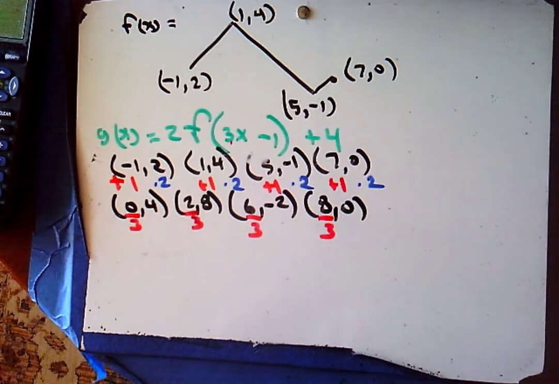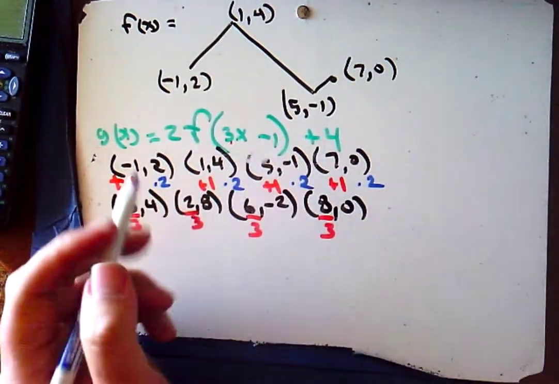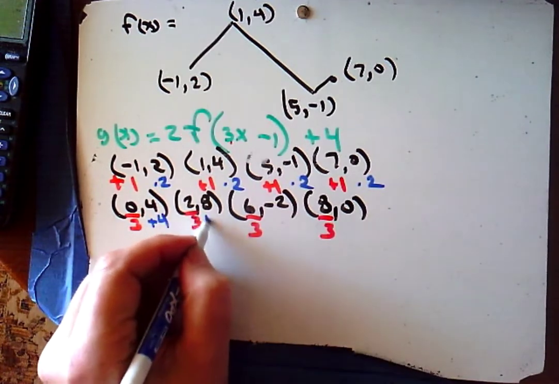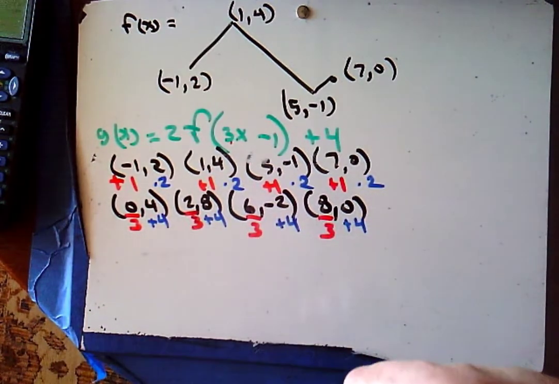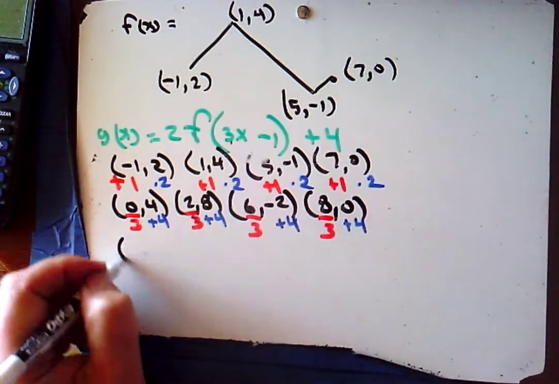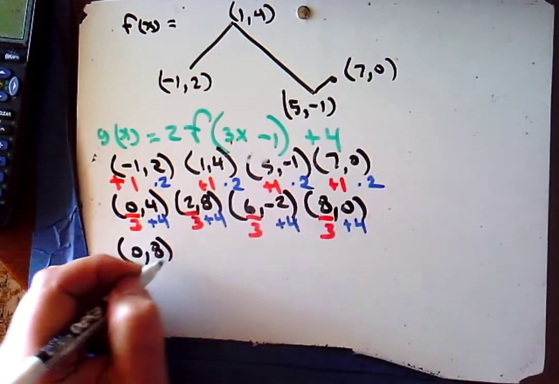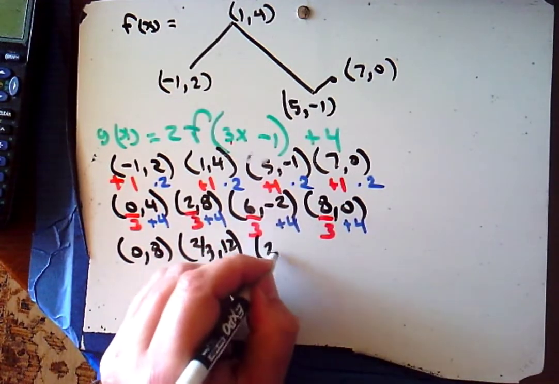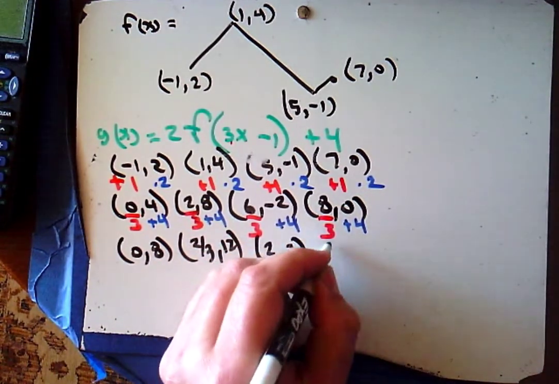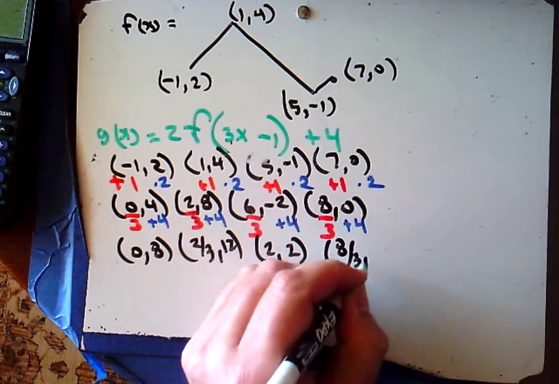And my last y transformation is add 4 to all the y's. And so the points that I'm actually going to graph are (0, 8), (2/3, 12), (2, 2), and (8/3, 4).